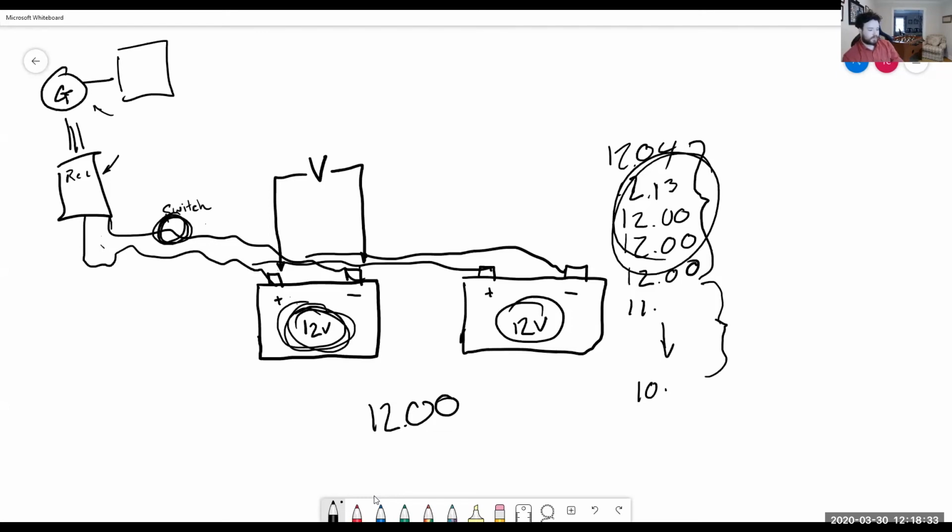Taking your red positive lead and sticking it on the positive side of the battery, and your negative ground lead on the negative side, what sort of reading will come up on your voltmeter? Positive. You'll get a positive reading.